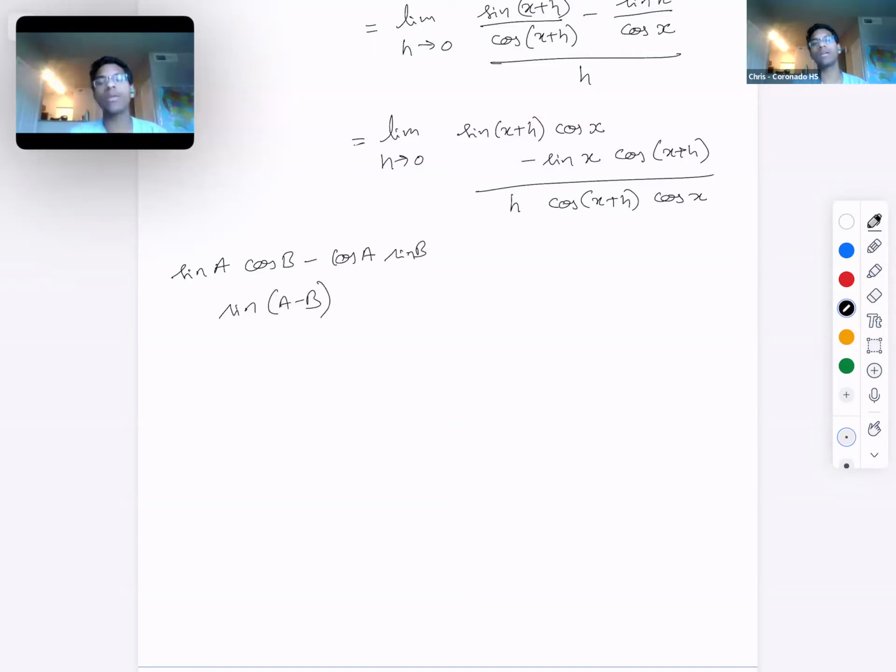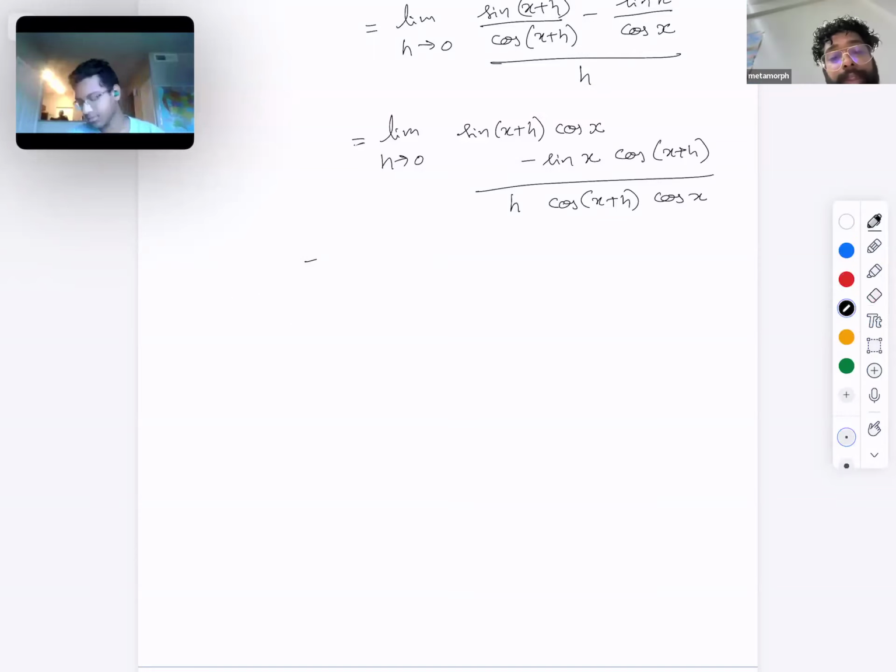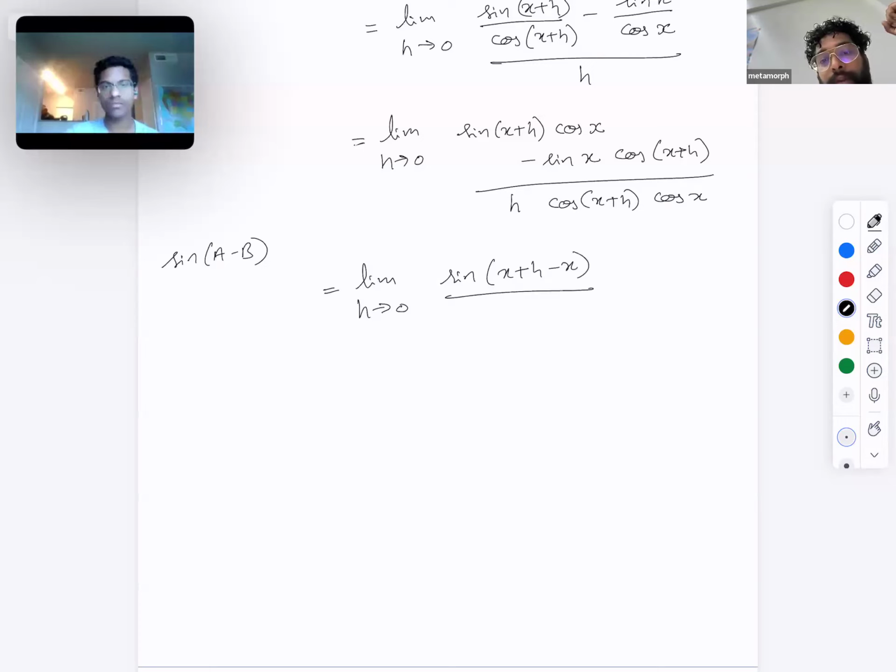So I'm going to use that formula here, sin (A minus B). That gives me limit h approaches 0 of sin h over h cos x cos (x plus h). Clear? Then sin h divided by h gives the positive.